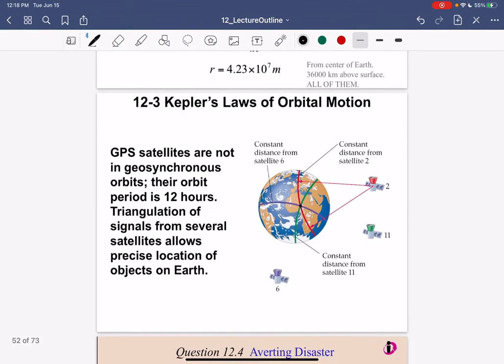Now, also here, it's the same idea about GPS satellites. We have them sent in orbits. GPS satellites are not in geosynchronous orbits. Their orbit period is 12 hours. And I'm not sure about their number.